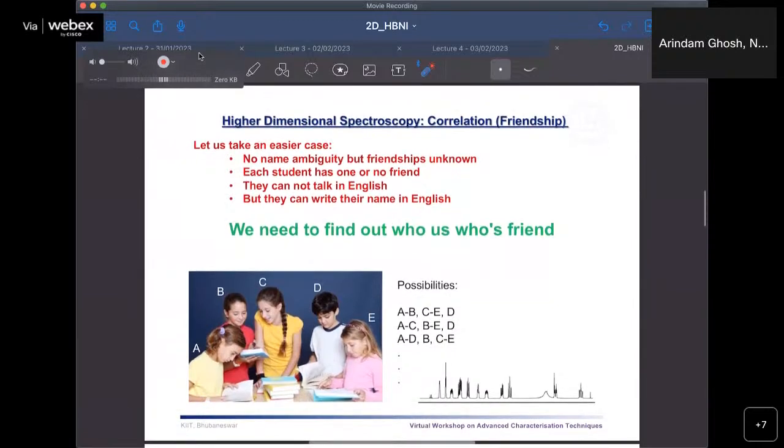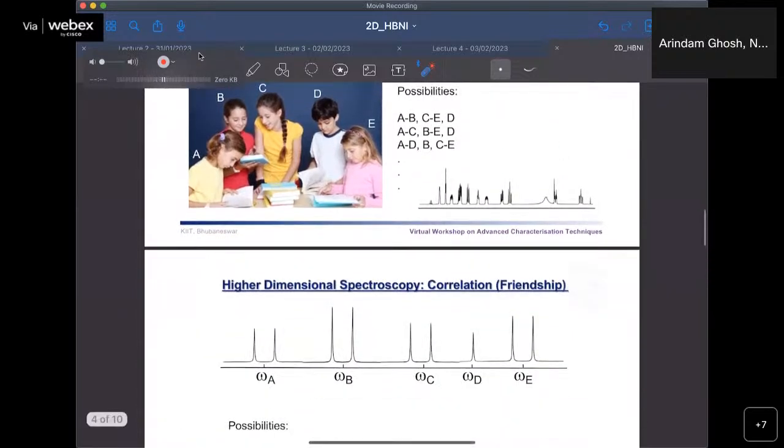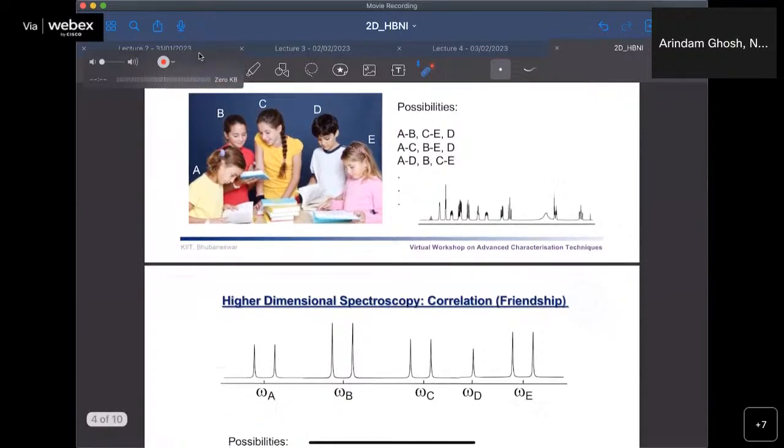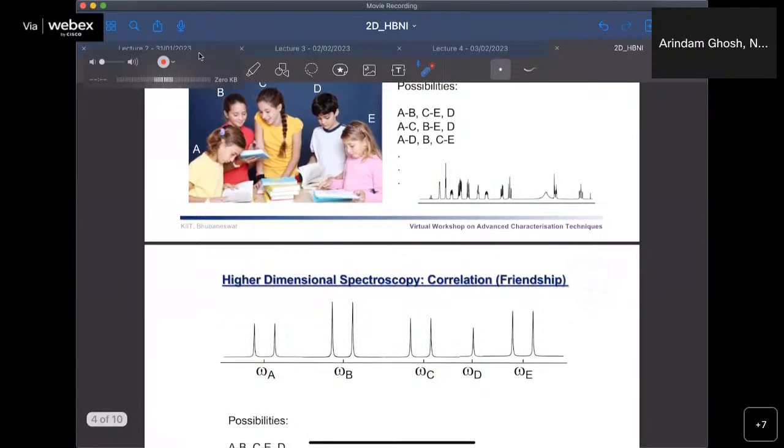But the question is that these spins do not tell me who is their friend. I can ask them, tell me your friend, so that I have this correlation. But the spins have a situation like this: I have A, B, C, D, and E, all with different chemical shifts, like friends A, B, C, D, E, and their names are now frequencies, and they have coupling.